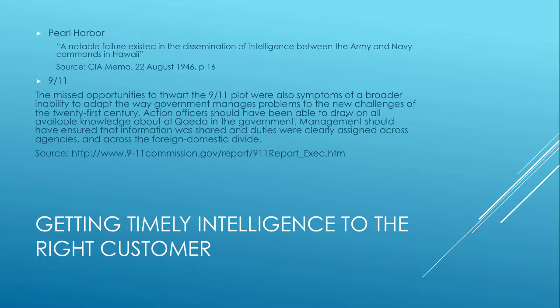The issue was not that they did not have the intelligence, but that the intelligence was not shared properly. In the case of Pearl Harbor, there was an indication of a lack of cooperation between services, whereas in 9/11, there was a lack of intelligence sharing across the community, and of course, the Department of Defense puts a big wall between itself and the rest of the intelligence community.